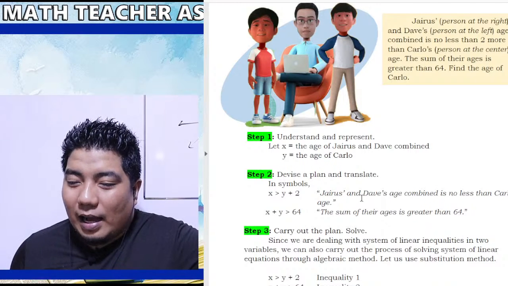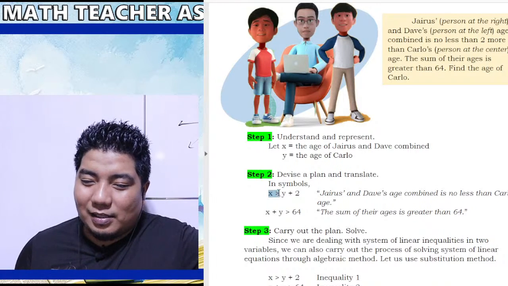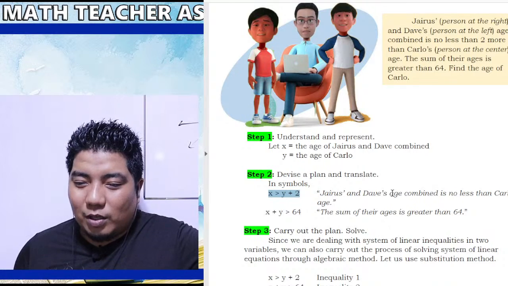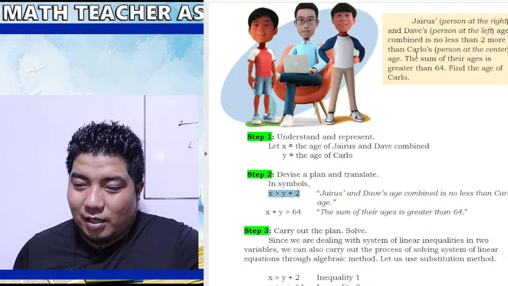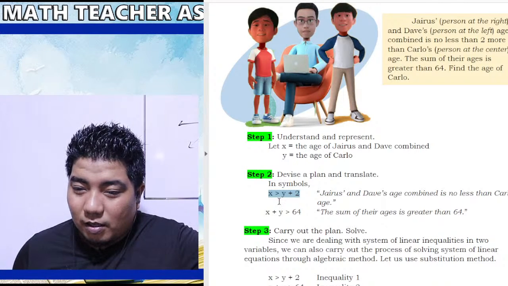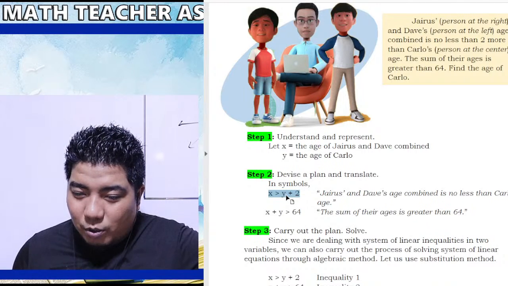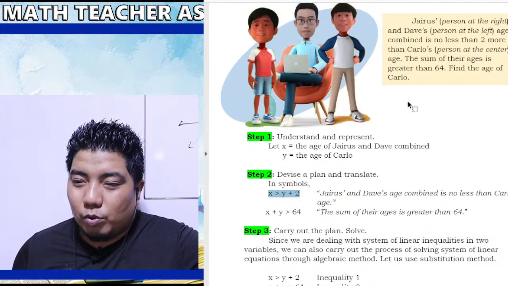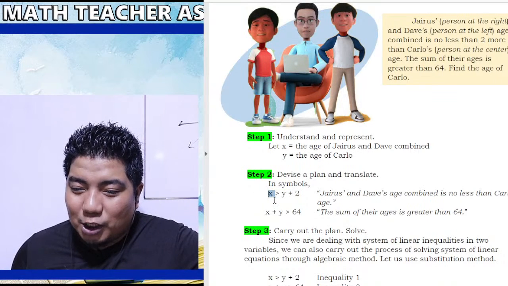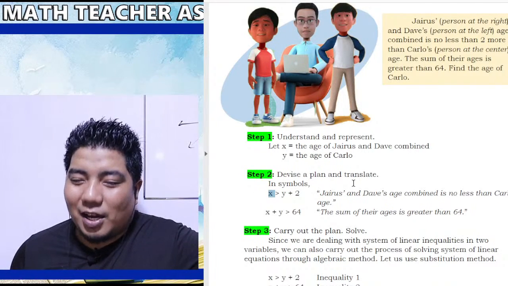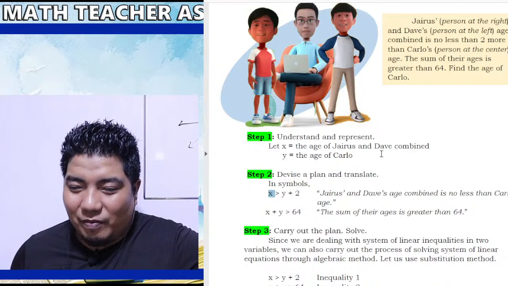Now, the other representation is that Carlo, which is the Y, plus 2, that you add, the combined age of Jairus and Dave is still bigger.